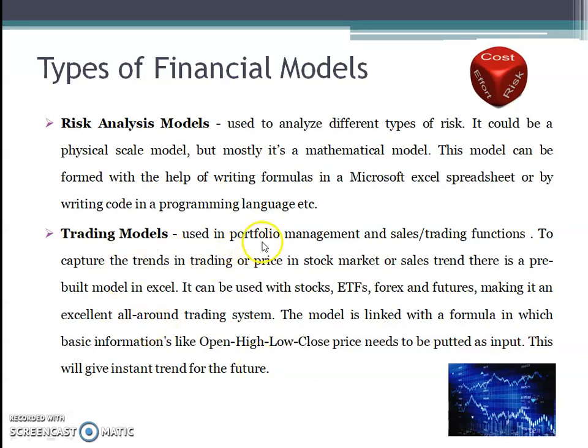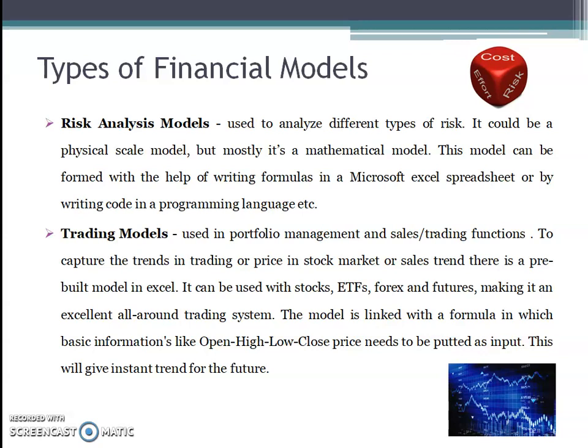It is used in portfolio management, sales and trading function. This trading model is used in portfolio management, sales and trading function to capture the trends in trading or price in the stock market or sales trend.